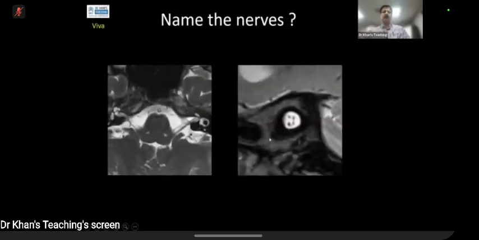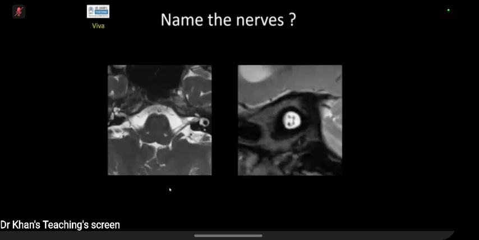So candidate 2, name this nerve. You can't unmute. Okay, let me help you. Yeah, so that's the facial nerves. Right.